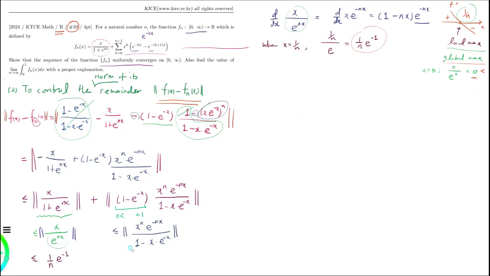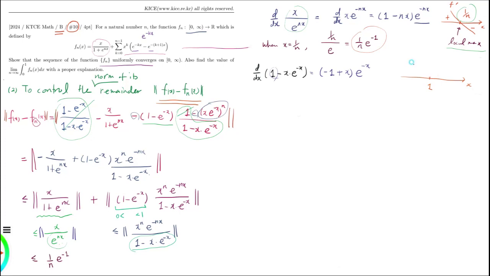And for the denominator part here, this function, let me take a derivative with respect to x, 1 minus x times e to the minus x, and then I have the derivative of this constant is 0, and then minus 1 plus x times e to the minus x, and the sign of each derivative changes on the boundary of x equals 1.